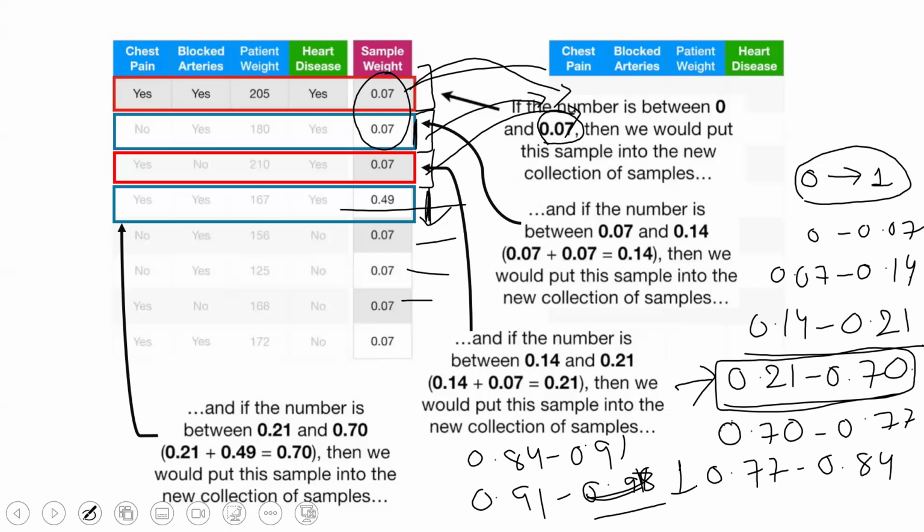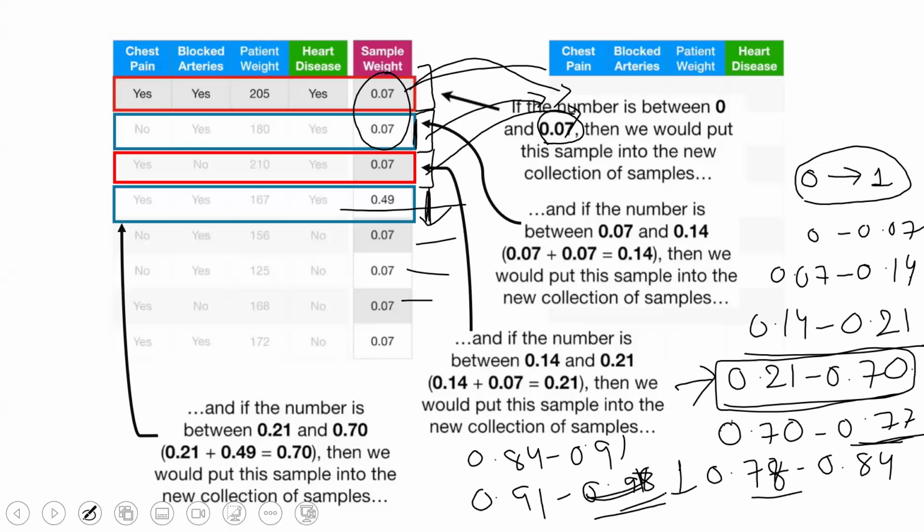Sorry, I have to correct this to 0.78. Somewhere around between this. If it is 0.77 also, we'll place this. So everywhere you will get one incremented. So that comes down to 1 here finally.